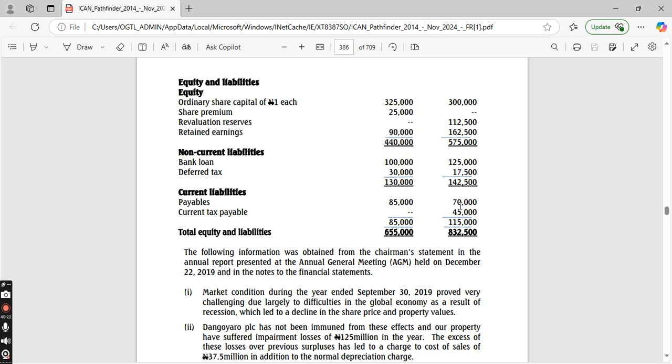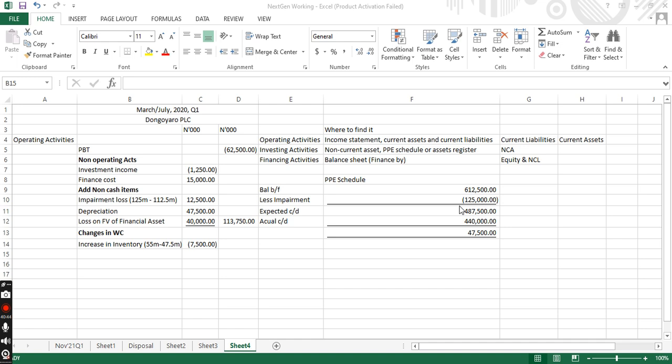We are owing our suppliers more, which means we have more money inside. That is an inflow, right? So we have an increase in payables.